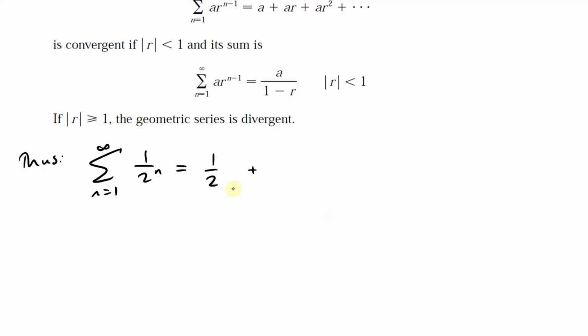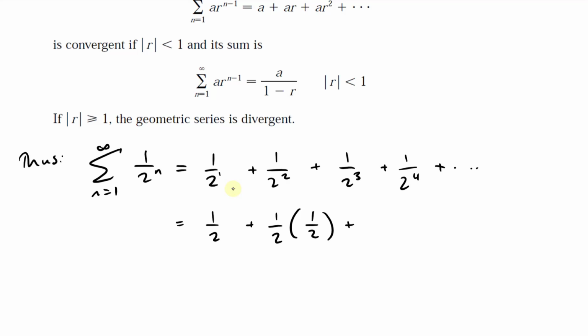So the second term is going to be 1 over 2 to the power of 2, and then plus 1 over 2 to the power of 3, plus 1 over 2 to the 4, plus dot dot dot, it keeps going on. And this one equals 1/2, plus 1/2 times 1/2, then 1/2 times 1/2 to the power of 2, and then 1 over 2 to the power of 2.